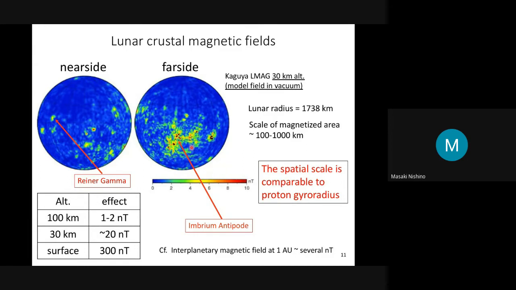The bottom line is that its spatial scale is from about 100 to 1,000 kilometers. Now, actually, it is comparable to the solar wind proton gyro radius. So there must be some interaction between the lunar crustal magnetic fields and the incident solar wind protons.